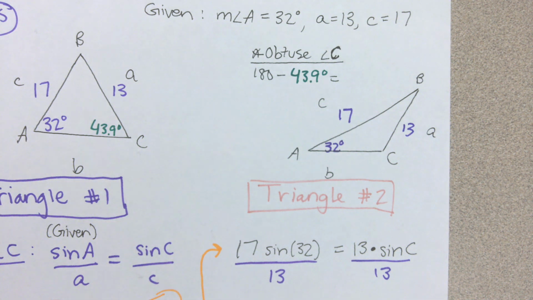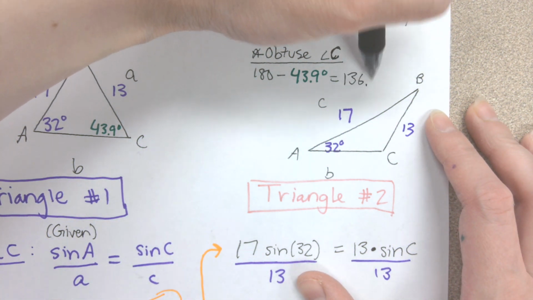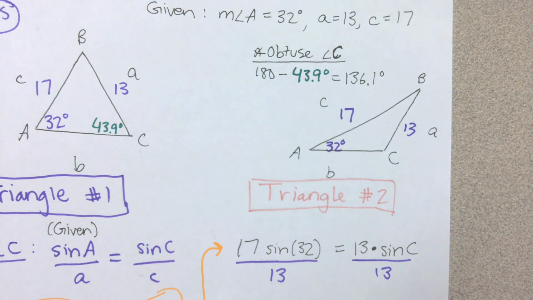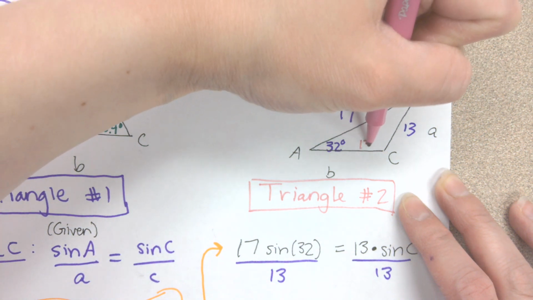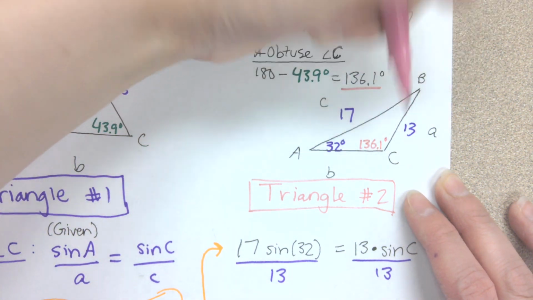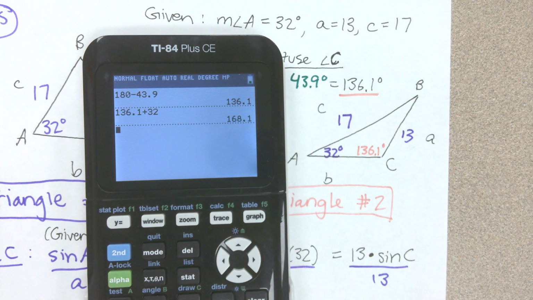And we get 136.1. And at this point, we know that this is an acceptable triangle because when I add my current two angles, it doesn't exceed 180, so we're good.